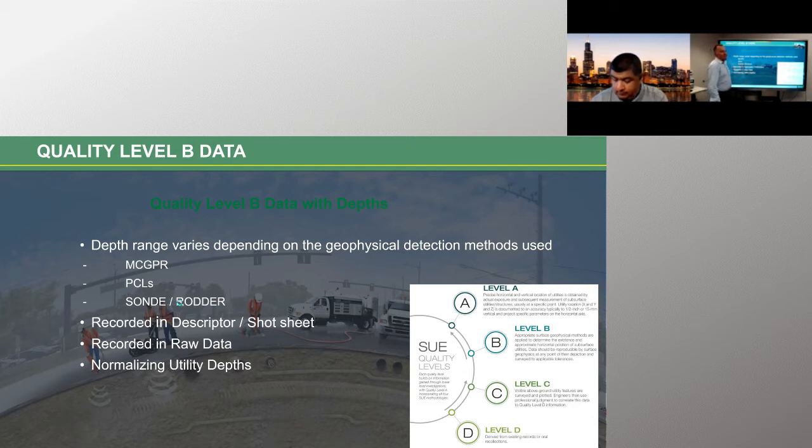The two different methods I think Eddie mentioned were recording it in descriptor or shot sheets, otherwise known as utility inventories, and then recording it in raw data, where you actually record it on an iPad or on the actual PCL or GPR unit itself.